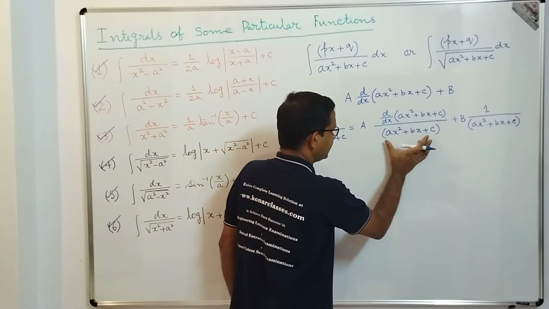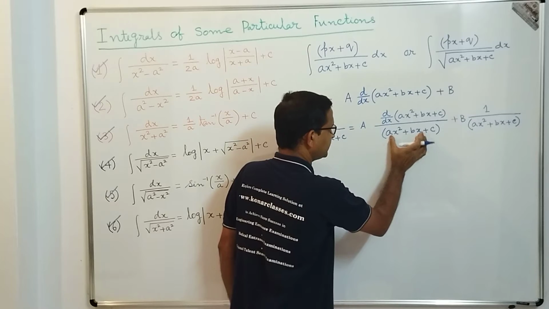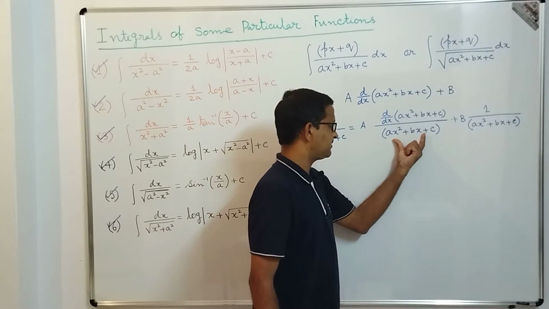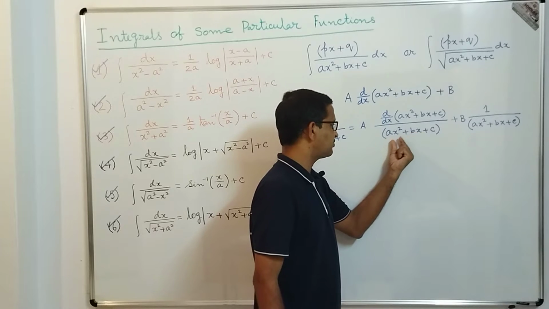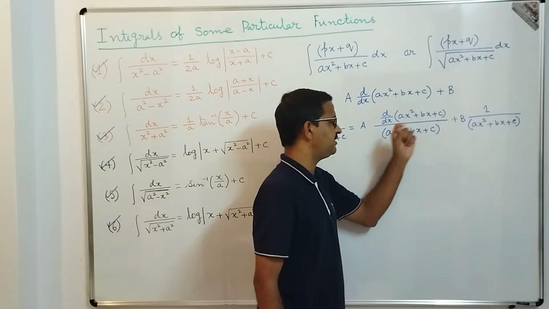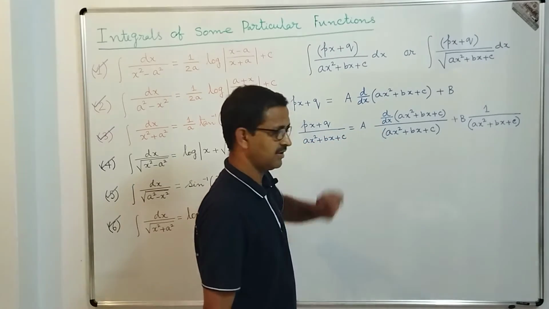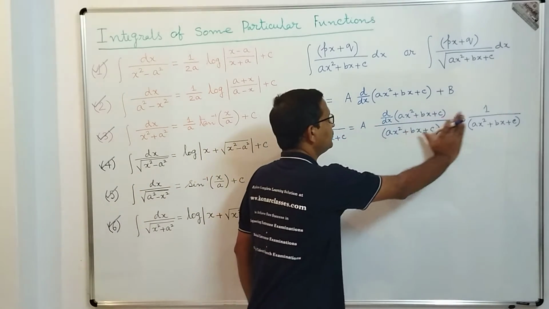The differentiation of this denominator is equal to the numerator here, so if you take the denominator as some variable t, then d/dx of (ax² + bx + c) will be dt, and this will be very easy to integrate.